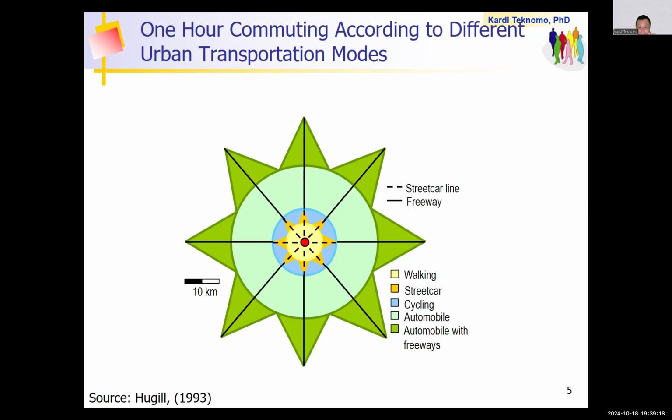Now, depending on the mode of transport, it can be just walking, or using a streetcar, or cycling, or using a car. Here is if they use a car but using a freeway. These are the measures in terms of distance. If you have a very short distance, you are supposed to just walk or use a bicycle.